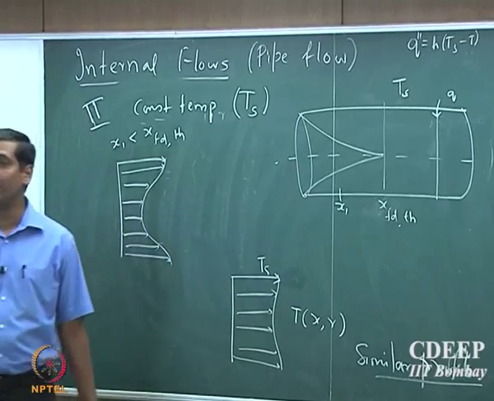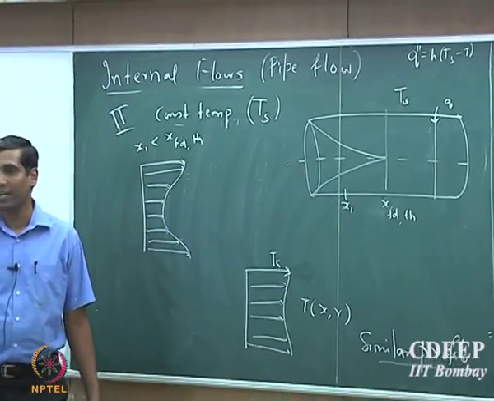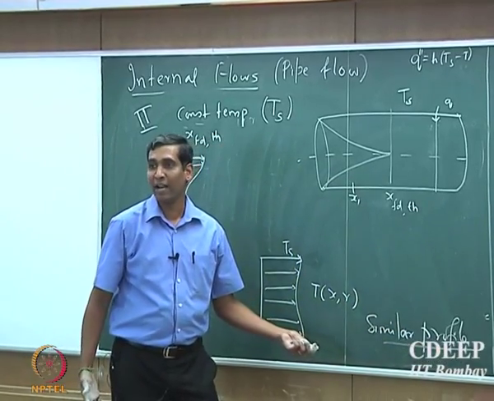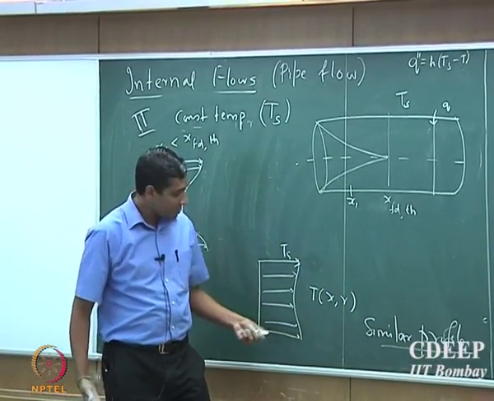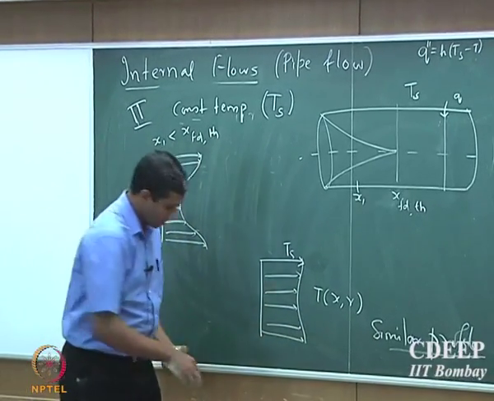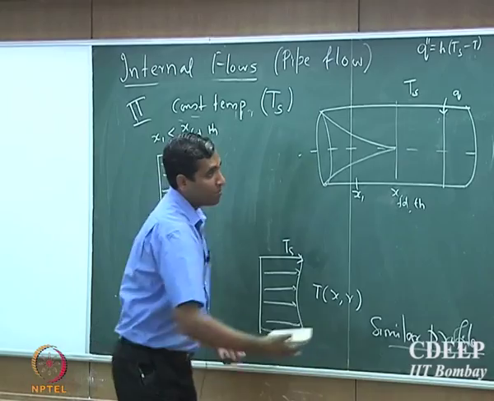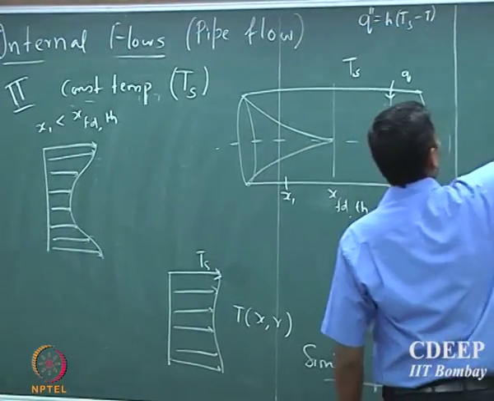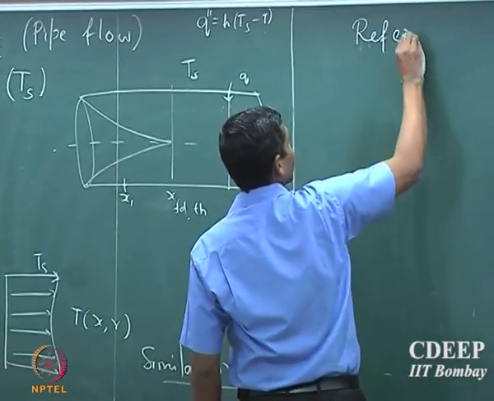This is fundamentally different from what you saw in the momentum boundary layer, but we will see that because the profile is similar, there is some intuitive way by which you can solve this problem. So in order to define a similar profile, we need to define a reference temperature.